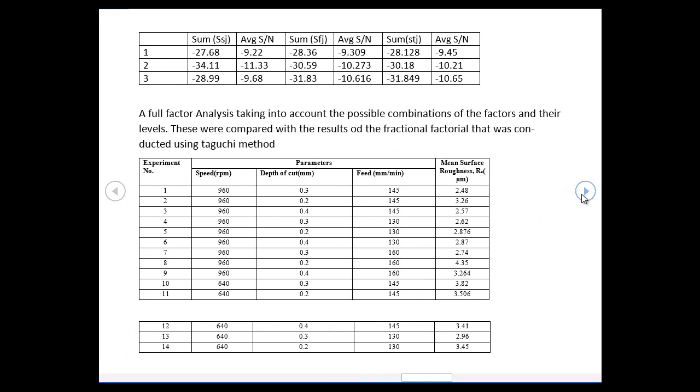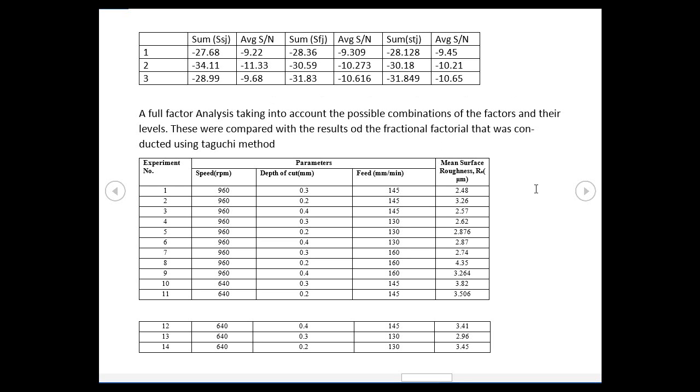And next thing is after calculating the average S by N ratio for all these 3 factors, SSG, SFG and STG, where SSG includes the speed factor, SFG considers the feed factor, and T is the time factor.